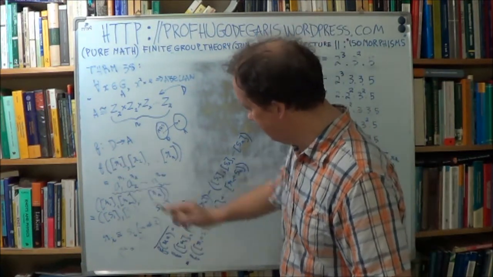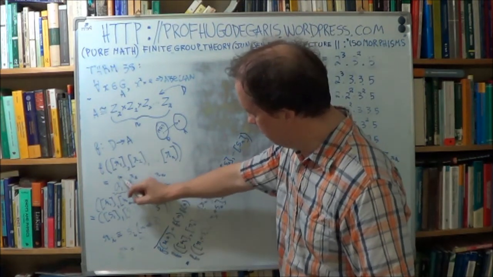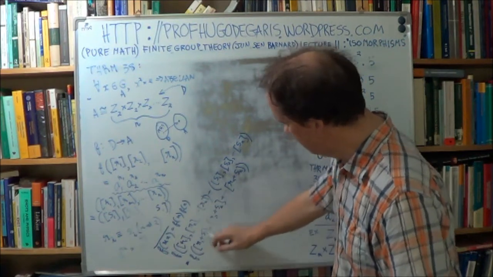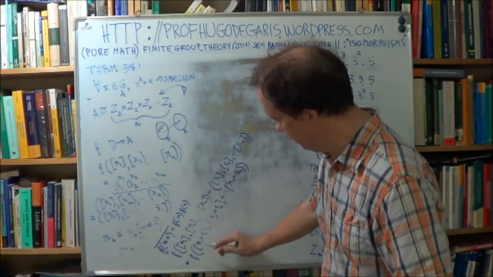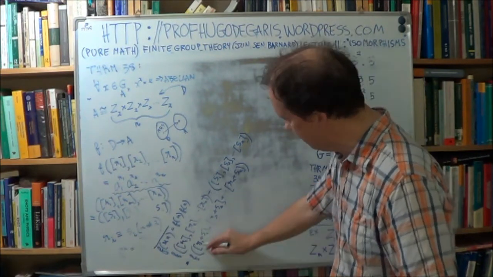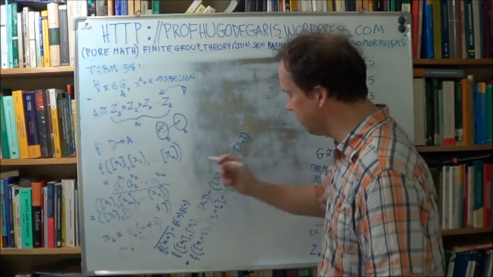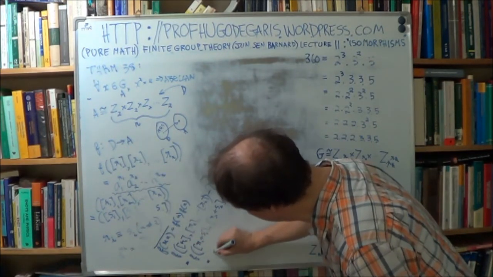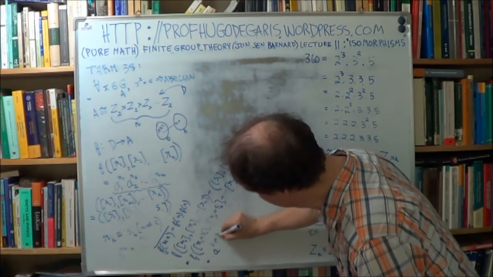So since we've got R1 plus S1 here, this will become R1 plus S1. We translate this into this form because we're mapping this member from D. So this will then just become A1 to the R1 plus S1.